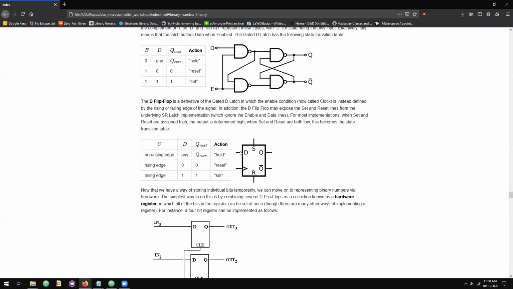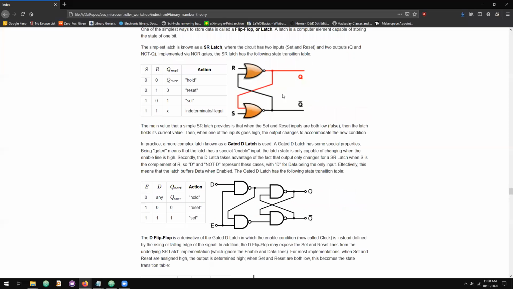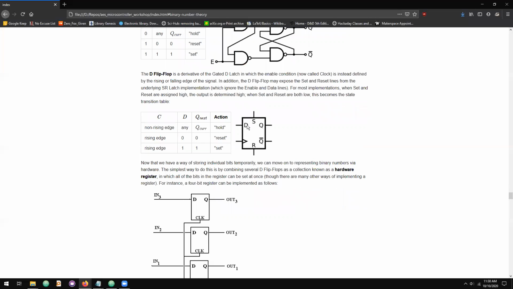The D flip-flop, at least the one that I reference, gates the input D based on the edge condition on the clock line, rather than it being a straight-up enable signal. And then it also exposes set and reset inputs. Whether or not you actually connect to all these is entirely up to you. So you can use a D flip-flop as if it's an SR latch by just not connecting D and not connecting clock.